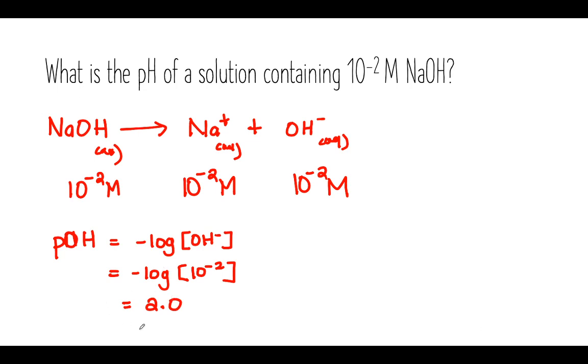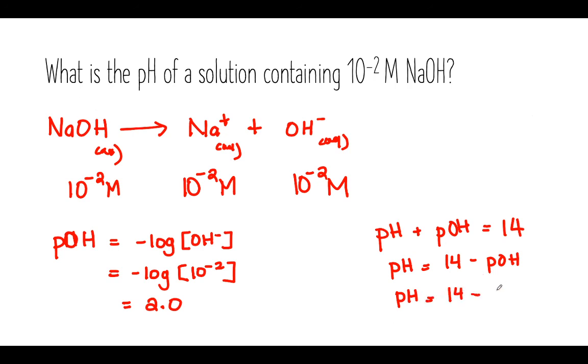Right? So now that I know the pOH, I can use pH plus pOH is equal to 14 to solve for my pH. So pH is equal to 14 minus pOH. Subbing in my pOH will give me 14 minus 2.0, which means the pH is equal to 12.